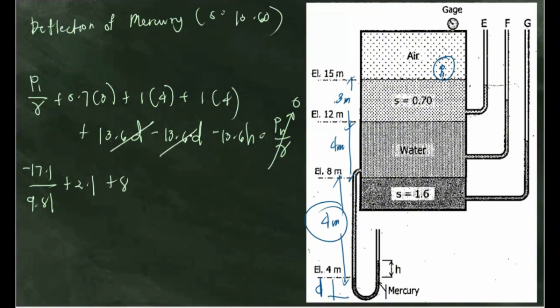So, ito mawawala na. Then, minus 13.6H is equal to 0. Or H sub 4 na lang, or H na lang. Simple H, kasi yun lang given dyan. So, H natin na deflection will be equal to 0.6144765 meters. Ito yung ating sagot para sa deflection of mercury.